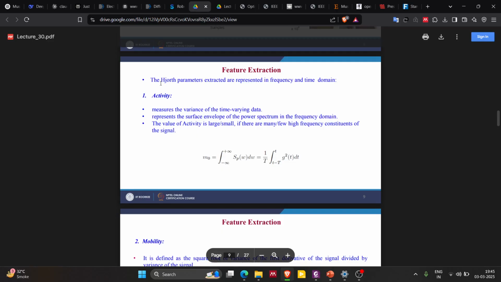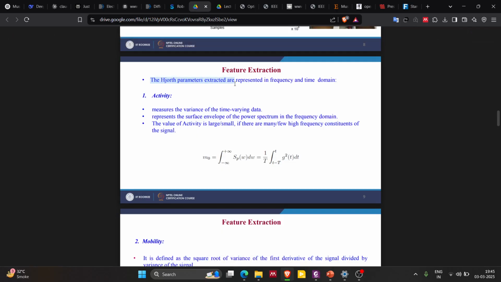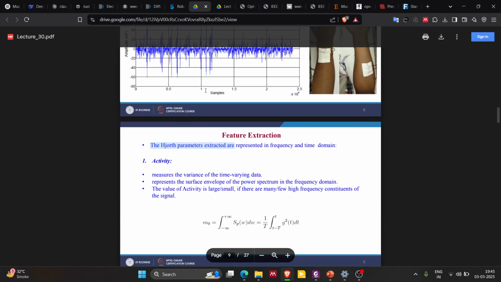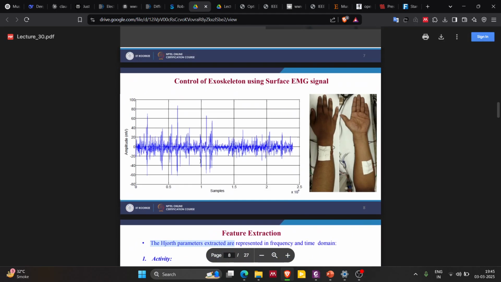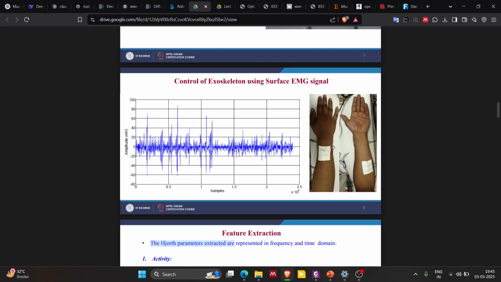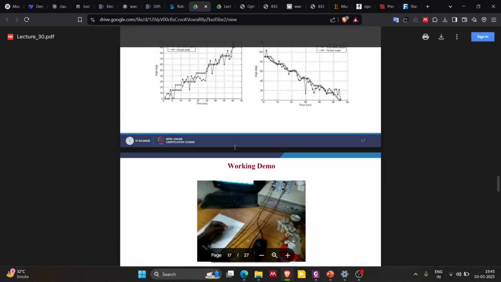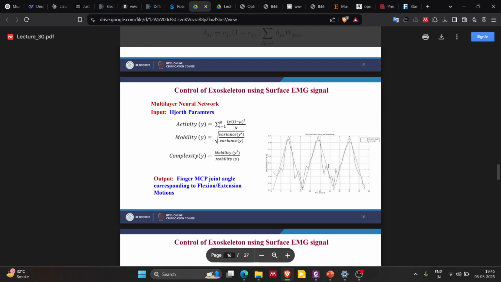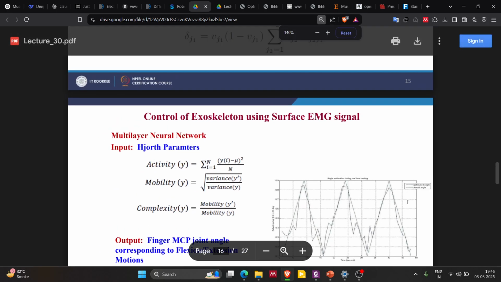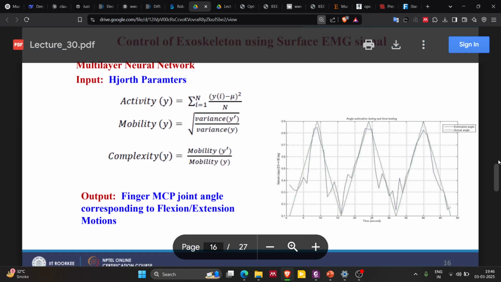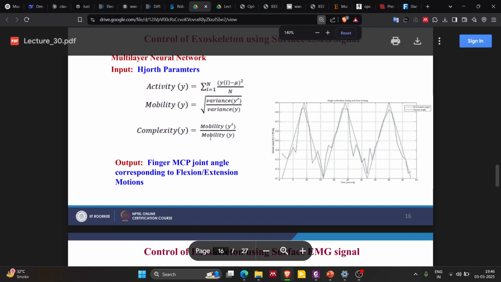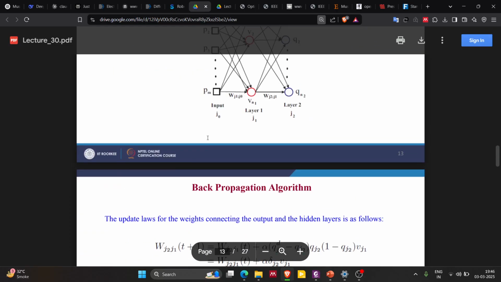All these parameters are called Hjorth parameters for EMG activities. This is the raw data, and based on some processing you will get the actual EMG data. This is how actual EMG data looks like. If you zoom out, this is an actual angle. They haven't shown how these angles look after post processing.